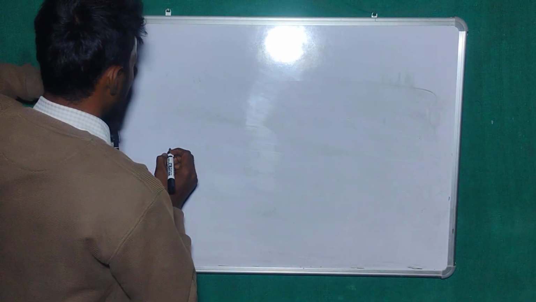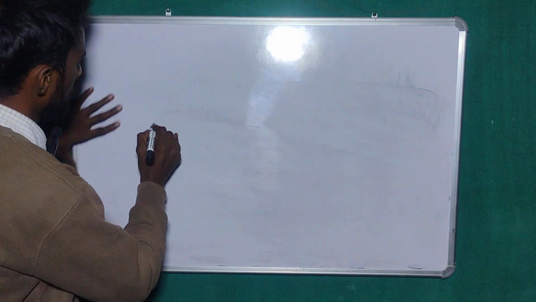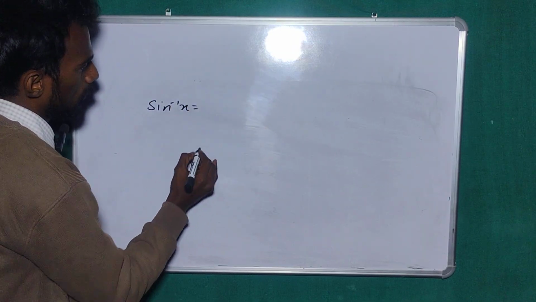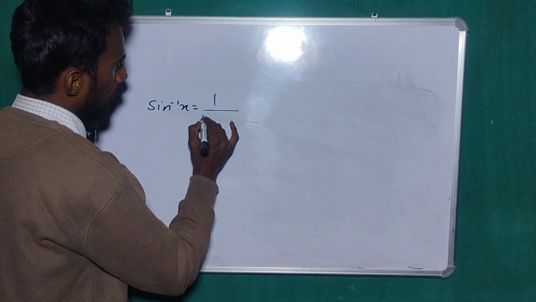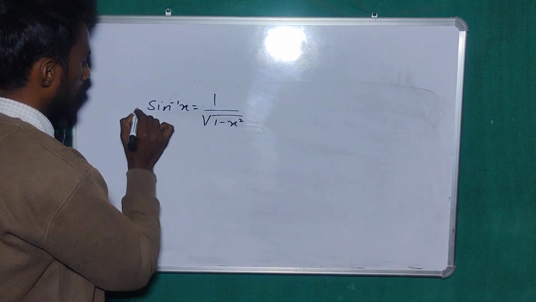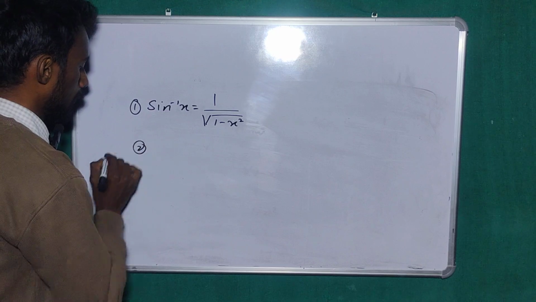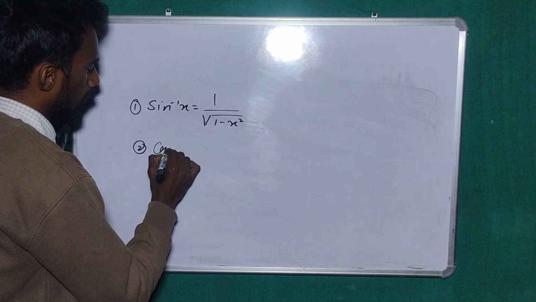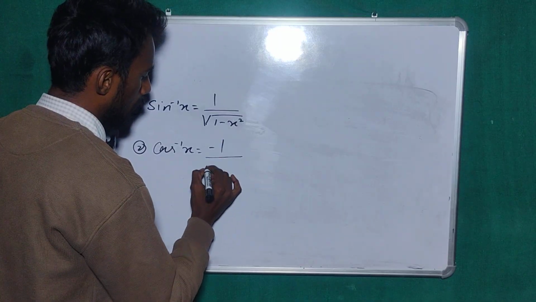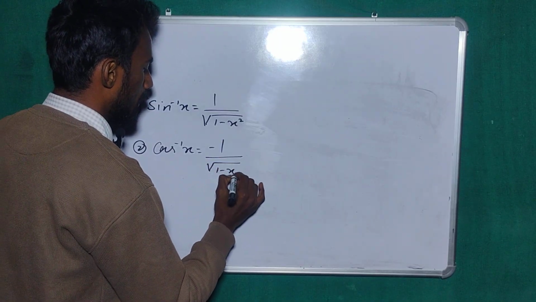Now I am going to write. The first one: derivative of sin inverse x is equal to 1 upon under root 1 minus x square. Second, cos inverse x is equal to minus 1 upon under root 1 minus x square.